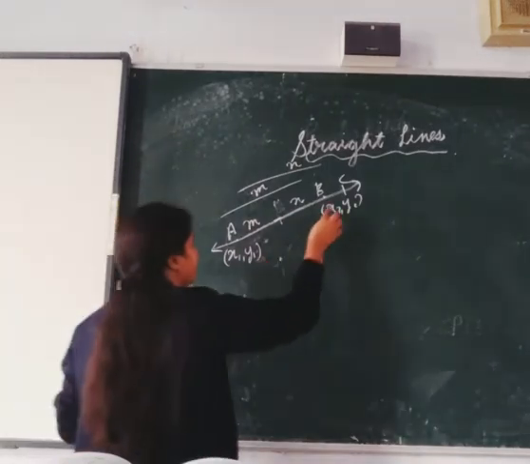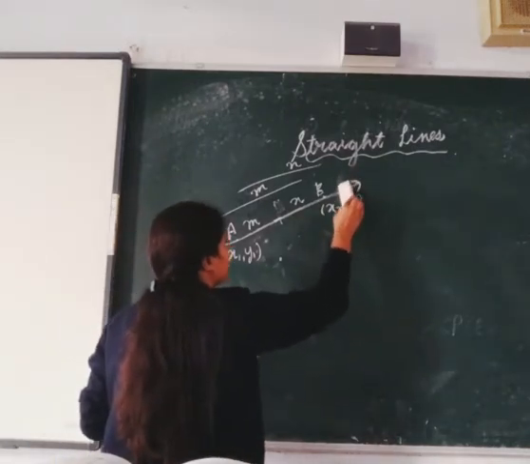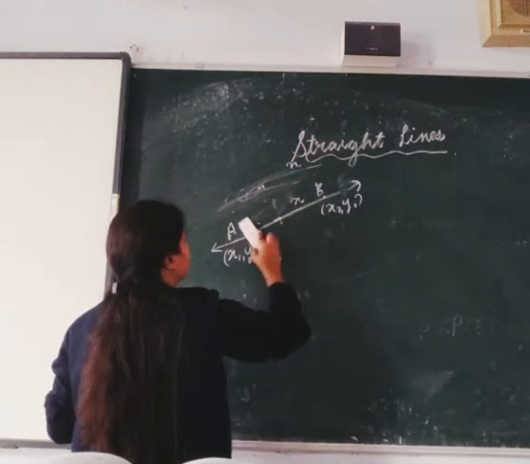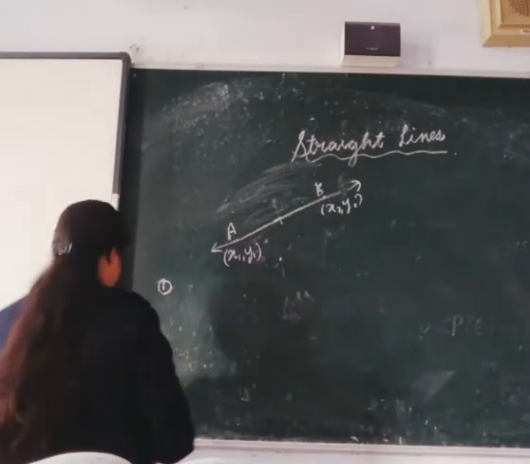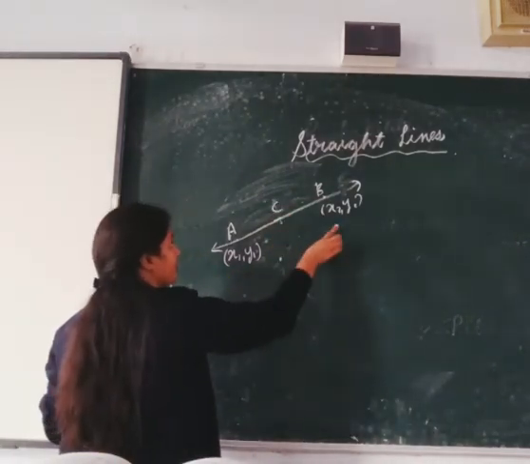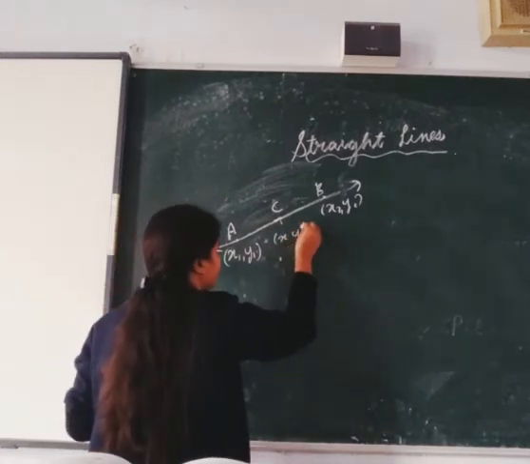Suppose we have a point C, and C is the midpoint of AB. Let us suppose the coordinates of C are x and y.